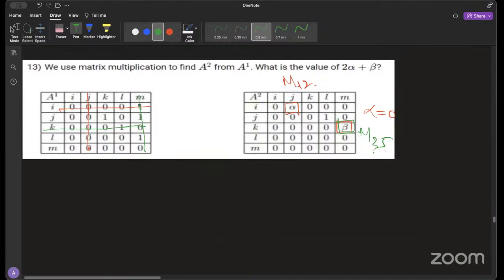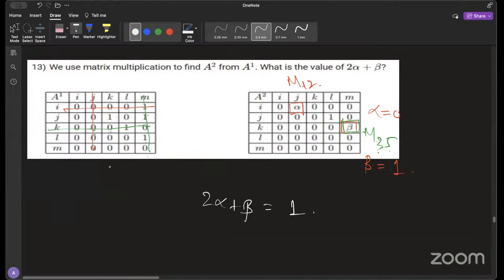So this will be 0, 0, 0, 1, and 0. When you multiply, you get 0 plus 0 plus 0 plus 1 plus 0. This is just going to give you 1. So this beta entry will be equal to 1. And you have to find 2 alpha plus beta, which is just 1, right? Beta is 1, alpha is 0, so this should be 1. Is this okay?